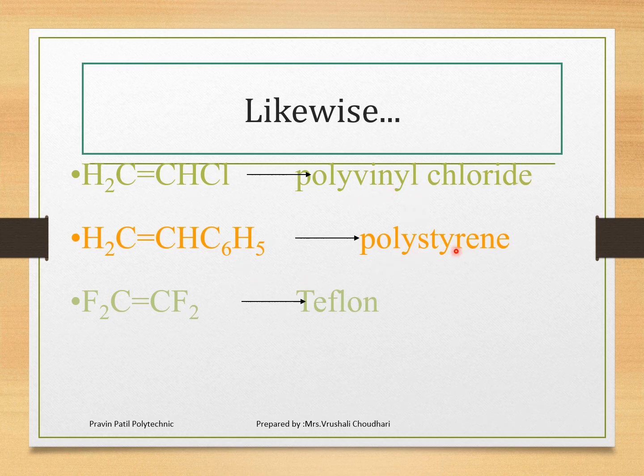Polystyrene is formed by the polymerization of styrene. Teflon is formed by the polymerization of tetrafluoroethylene. Tetrafluoroethylene polymerizes to form polytetrafluoroethylene, commercially called Teflon.